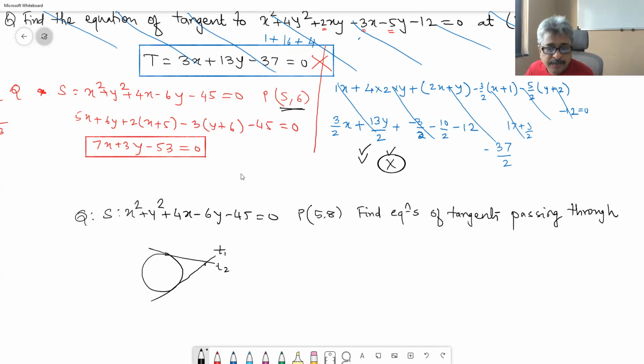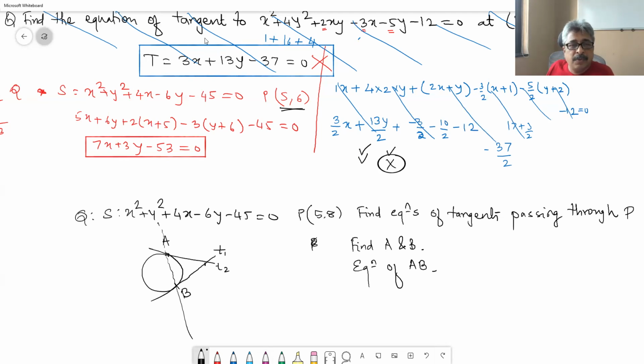And secondly, the equations of tangents through P, whatever, I mean, you are clear about the question now, through P. Moreover, what we want is points of contact, A and B. And maybe what we are interested in eventually is equation of AB. Good job. Good amount of work. Go ahead, one by one.